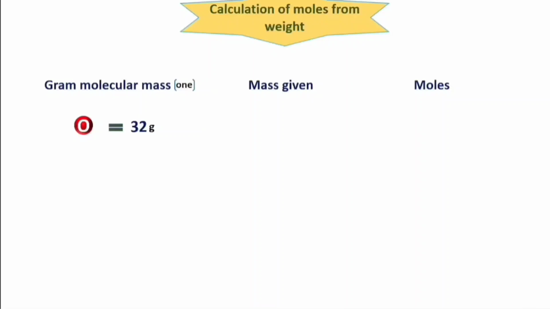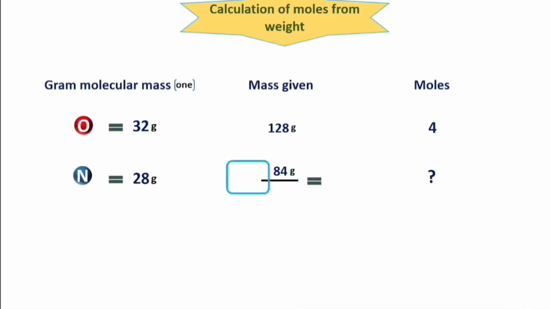We can easily derive number of moles from a given mass. If the mass of oxygen is given 128 gram, then by simply dividing the given mass by its molecular mass, that is 32 gram, we get the number of moles, that is 4. Same way, when 84 gram of nitrogen will be divided by its molecular mass 28 gram, then we can say we are given 3 moles of nitrogen.